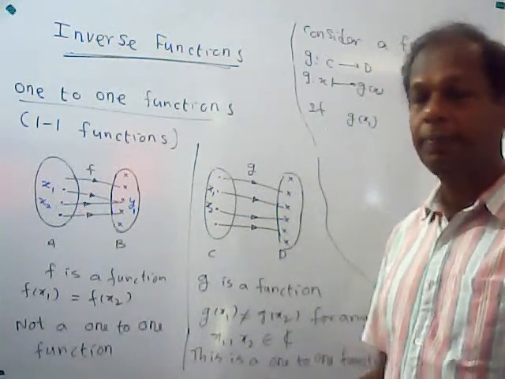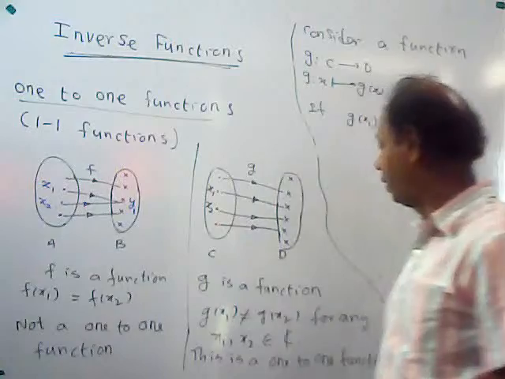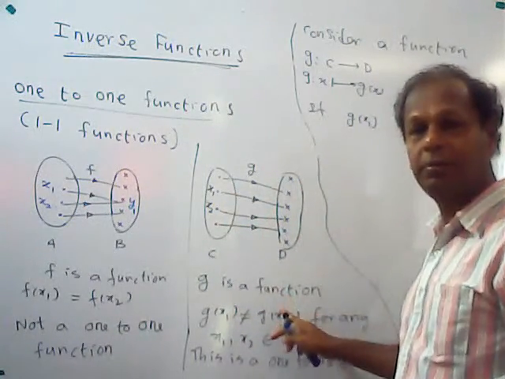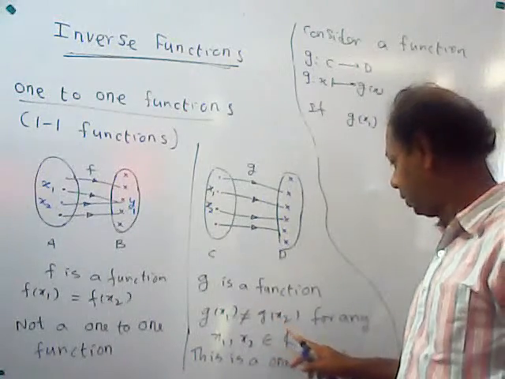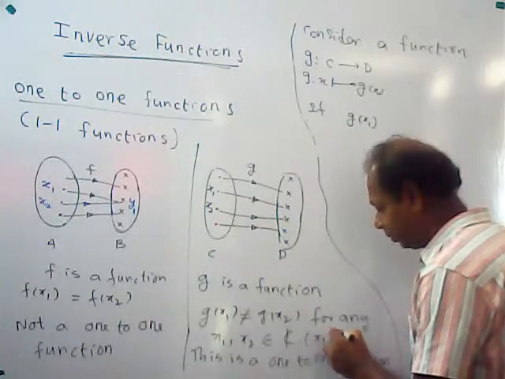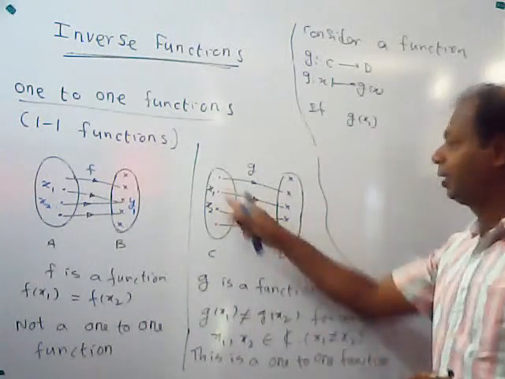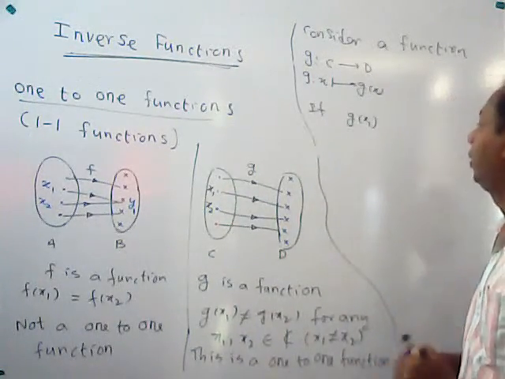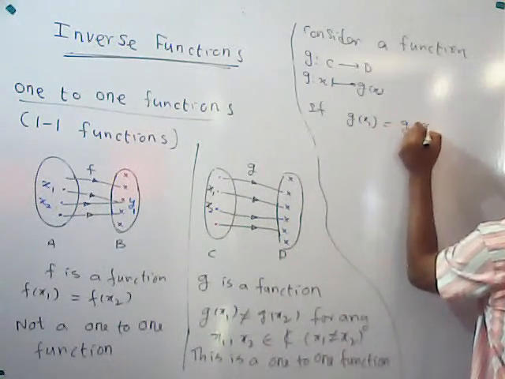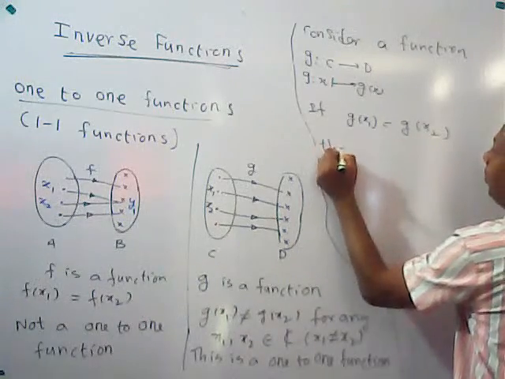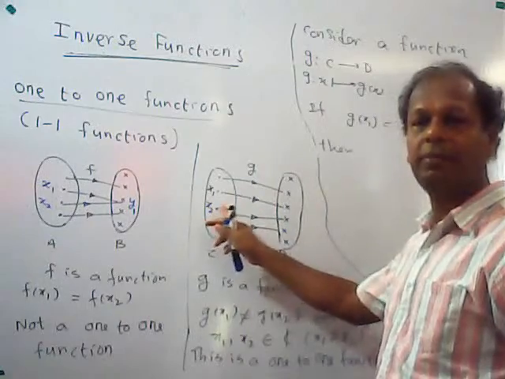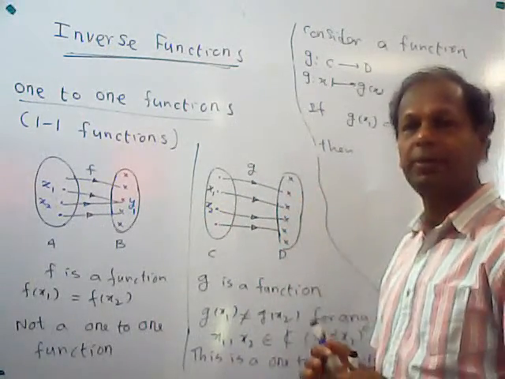Right. I'm asking the question again. If here you said g(x1) is not equal to g(x2) for any distinct elements x1, x2 in the domain, then in other words, if I say g(x1) equals g(x2), this can happen only under one condition. What is that?